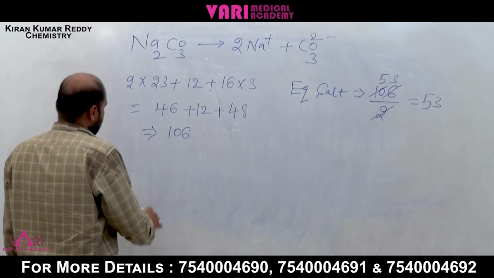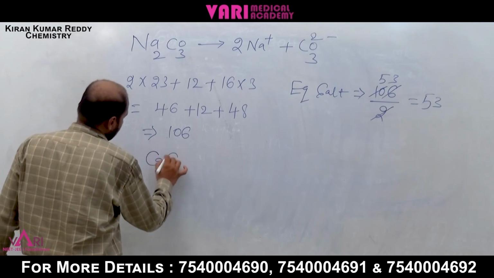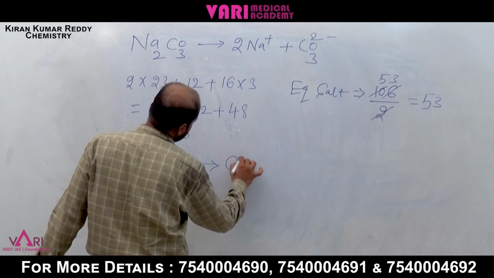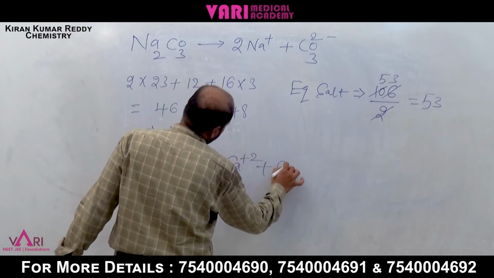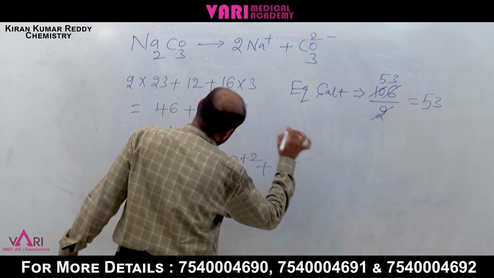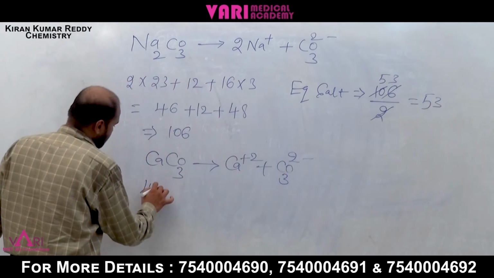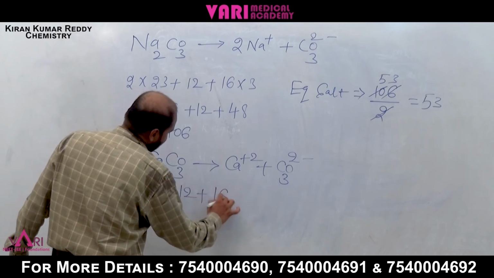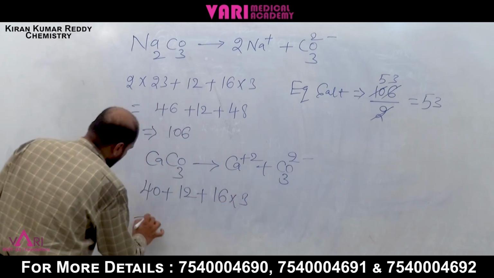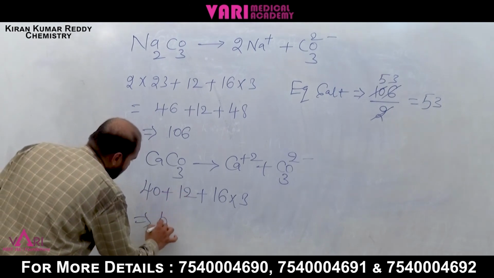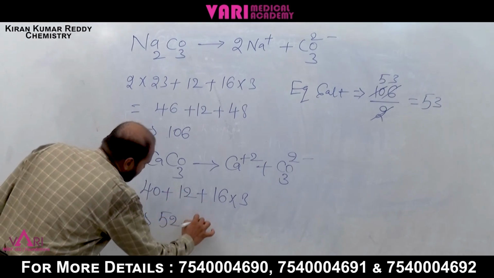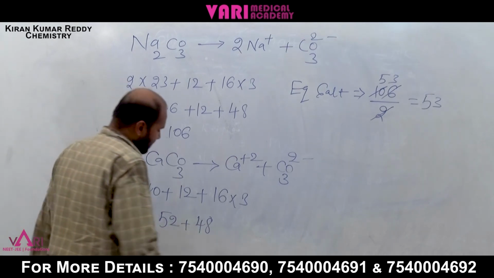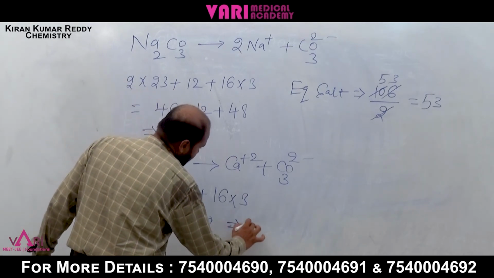If you take CaCO3, calcium carbonate, in this calcium carbonate, calcium plus 2, CO3 2 minus. Here calcium is 40, carbon is 12 and oxygen 16 into 3, 48. Now 40 plus 12 plus 48 is 100.